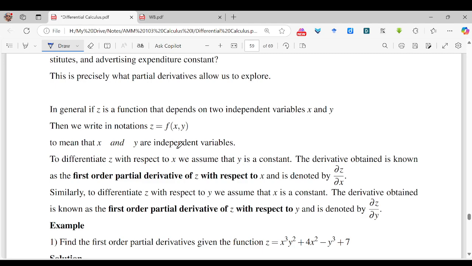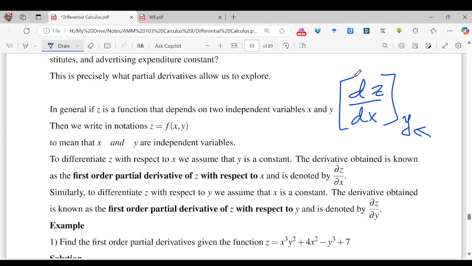So this derivative shall be called the first order partial derivative of z with respect to x. Sometimes we denote this by ∂z/∂x. Then we put the square brackets there and write y. This quantity that we write here is the variable that we assume will remain constant when we are differentiating z with respect to x.